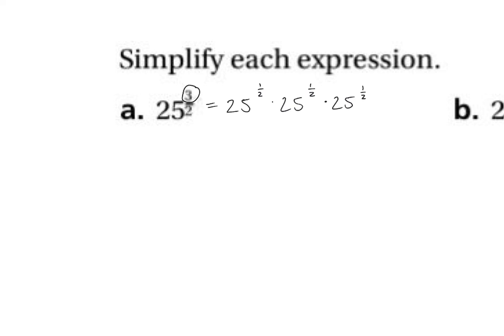Now, who's really good with these exponents and knows what 25 to the 1 half is? What do you think, Rioni? 5. Very good. So it's 5 times 5 times 5. And I need someone else who's good with multiplication. What's 5 times 5 times 5? Roy? 125.